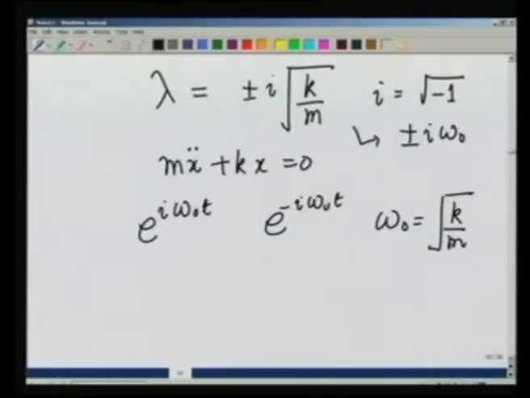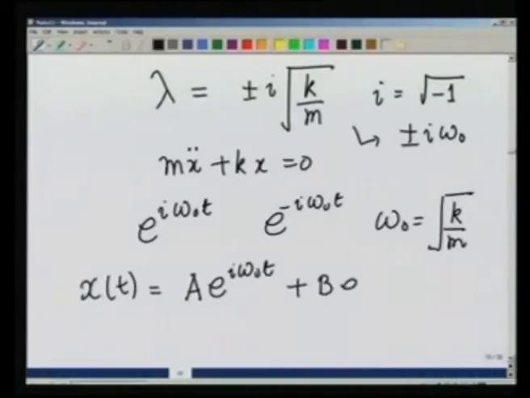The general solution for a second order equation, therefore, is going to be x(t), which is a linear combination of these two solutions, a e raised to i omega 0 t plus b e raised to minus i omega 0 t.